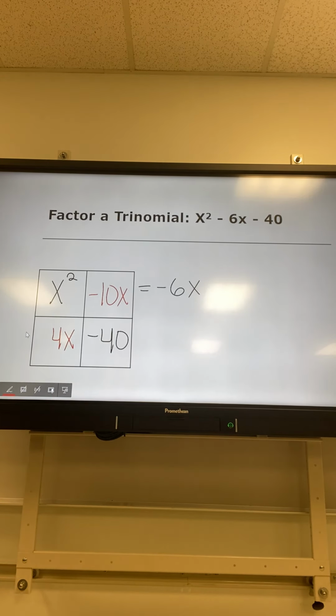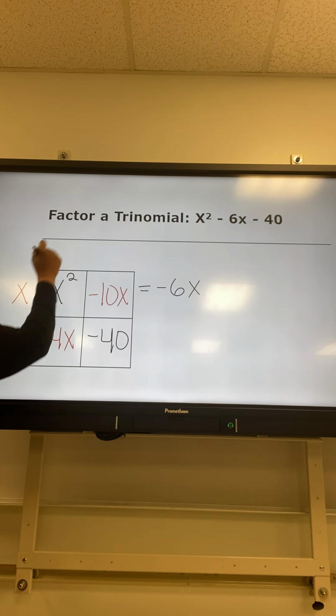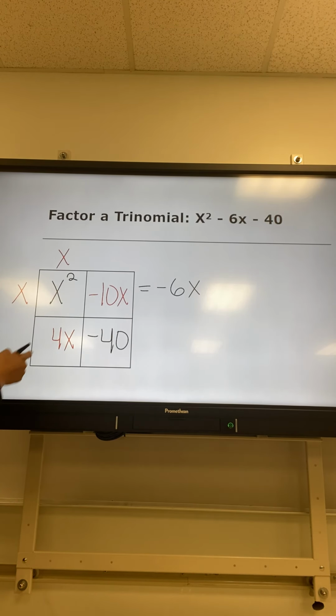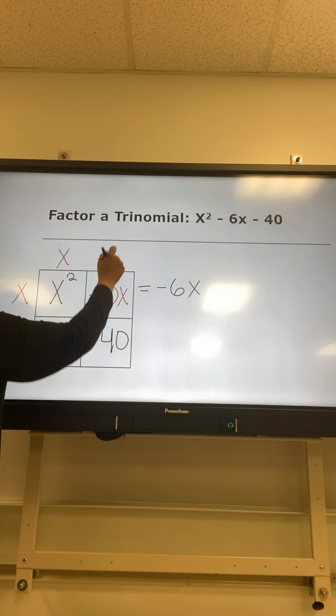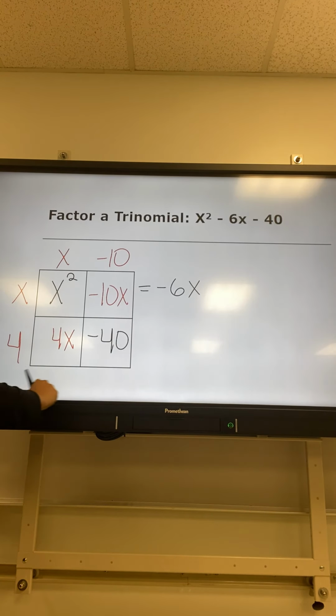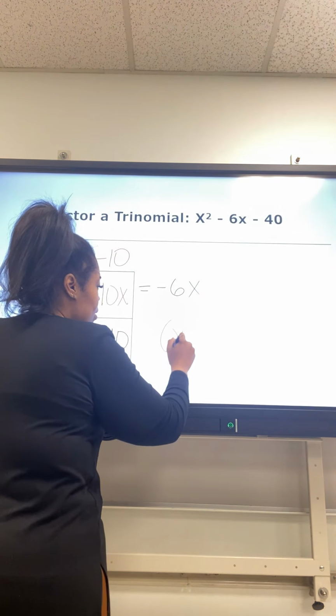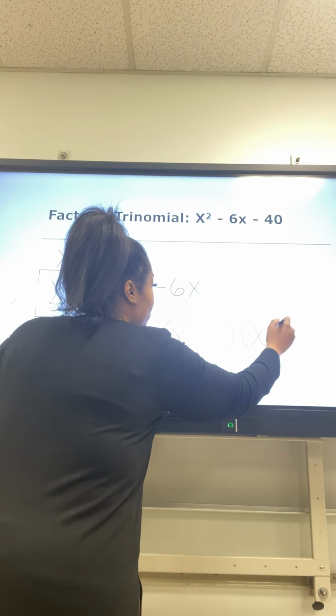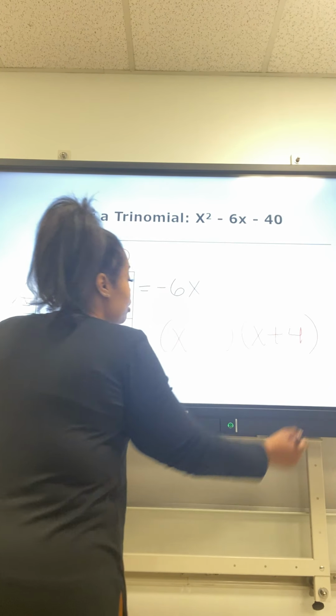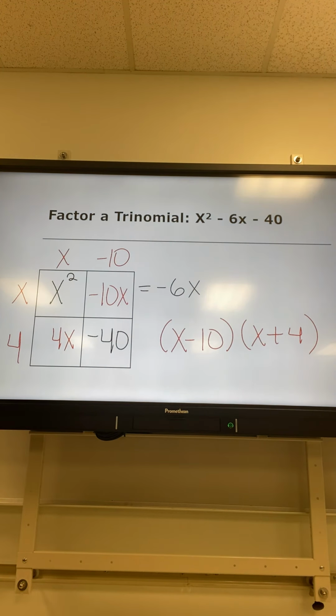And so then now we want to write out our factors. So again, to get this x squared, we need an x and an x. And then to get 4x, we need x times 4. And then to get negative 40, it is going to be 4 times negative 10. And so then our factors are going to be x minus 10 and x positive 4. So we connect them with a plus 4. And those are our two factors.